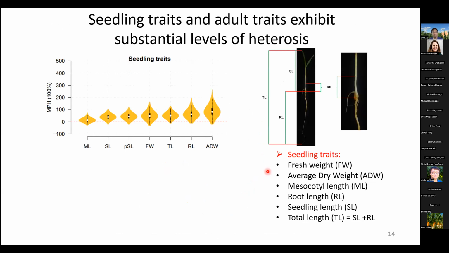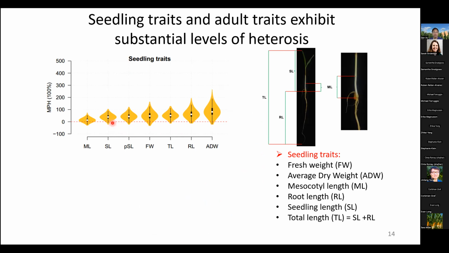And once we have different kinds of phenotypes, we calculated middle parent heterosis and best parent heterosis. And here I will focus on the middle parent heterosis. For the ciliary traits, you can see here for most traits and most samples, their MPH value is larger than 0.